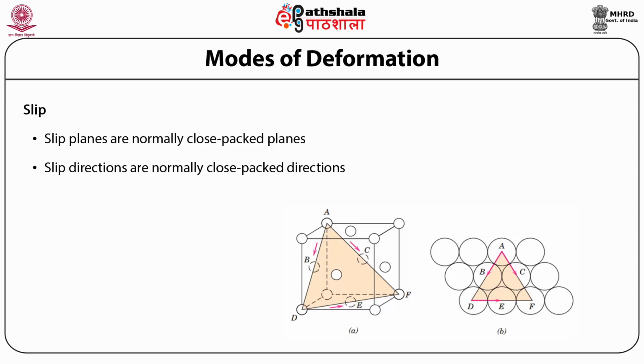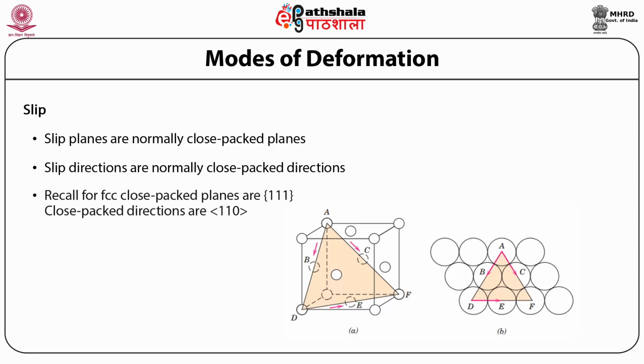In the given figure, which consists of two parts, the A part and the B part, it is shown what the close packed planes are and how the close packed directions look. We can see in the first part of the figure, which is FCC close packed planes, the planes are {1, 1, 1} in the curly brackets, depicting the close packed planes.